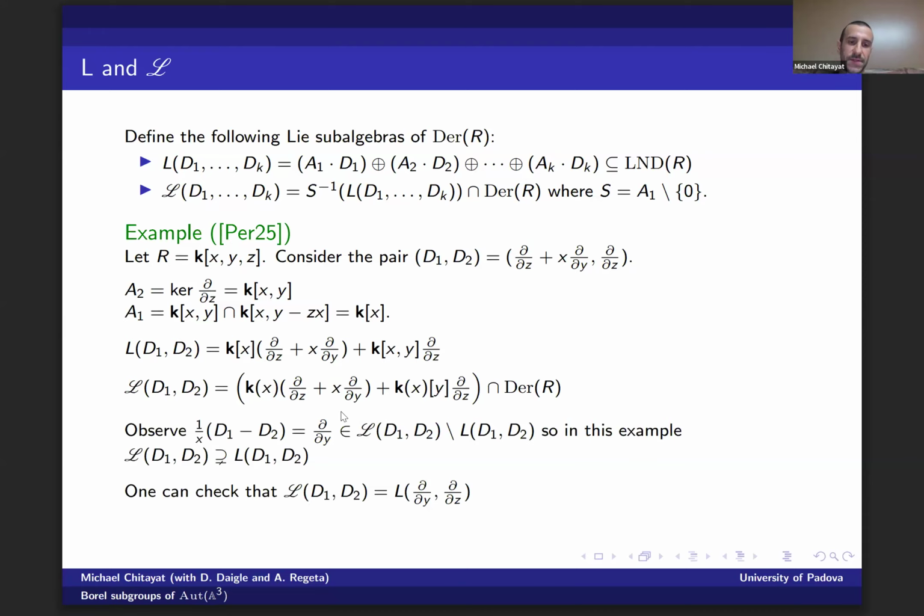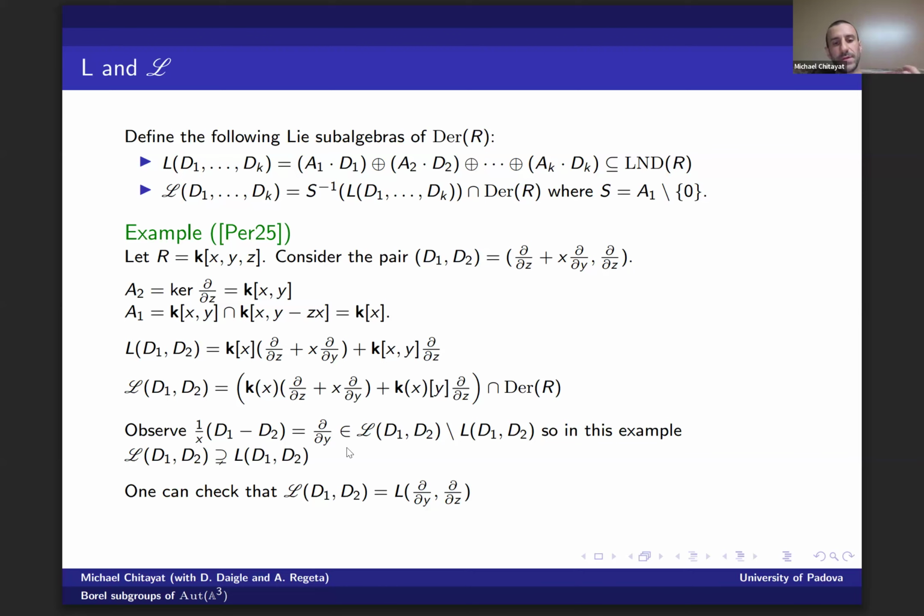And you can check that actually the partial derivative with respect to y is in this curly L d1, d2, but it's not in your original straight L d1, d2. So here we have a proper inclusion.